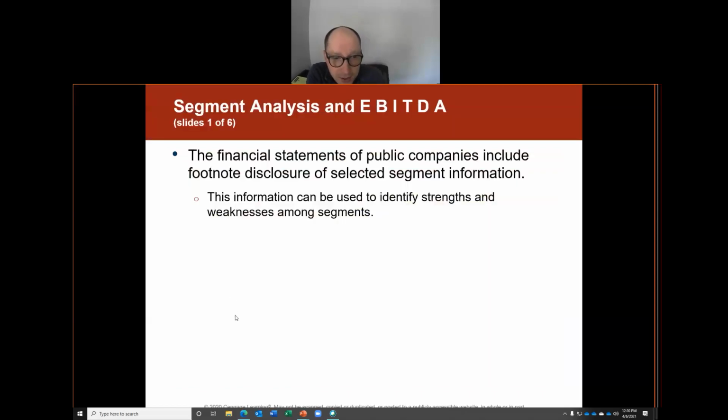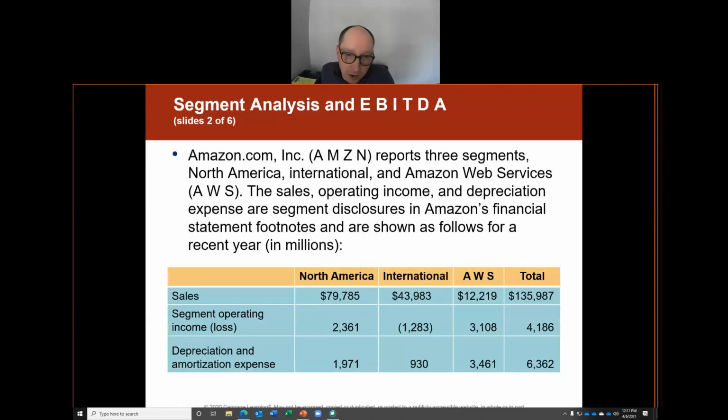I want to talk about this last concept for today. It's called EBITDA. Have you heard of the term EBITDA before? Earnings before interest, taxes, and so forth. This is an interesting concept because it helps businesses to understand their overall performance.